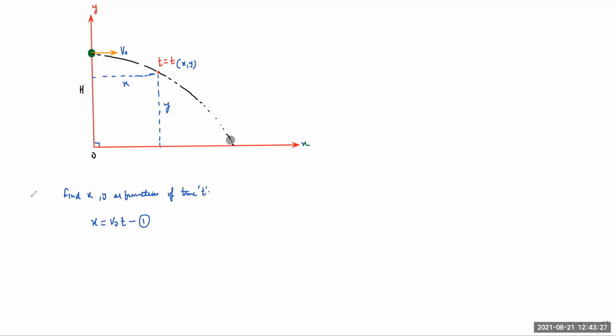Displacement is defined as change in position vector. Are you writing the change in position vector? The answer is no. You are not writing. Sir, I have to mention like y1 minus y2. What was the formula for displacement in y direction?